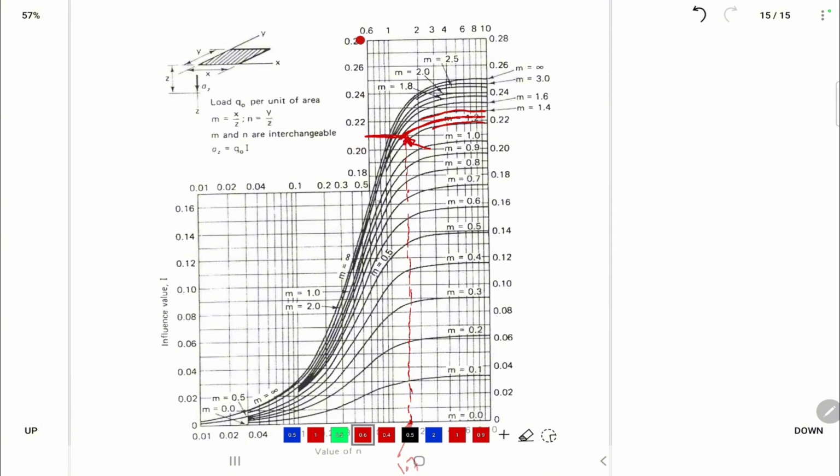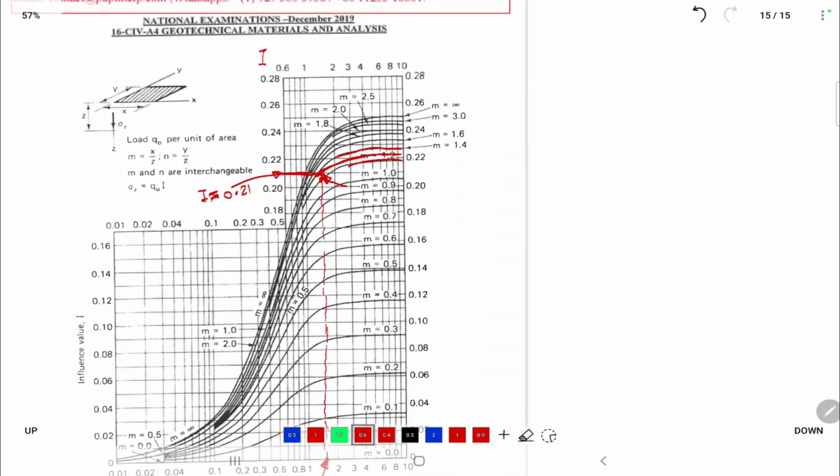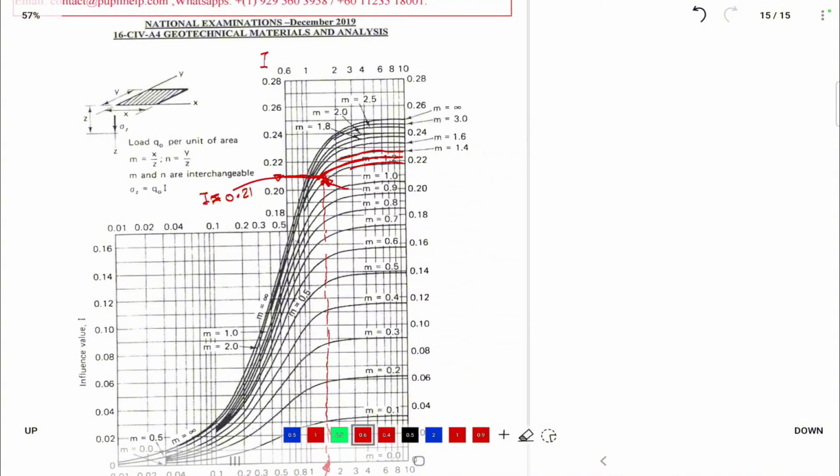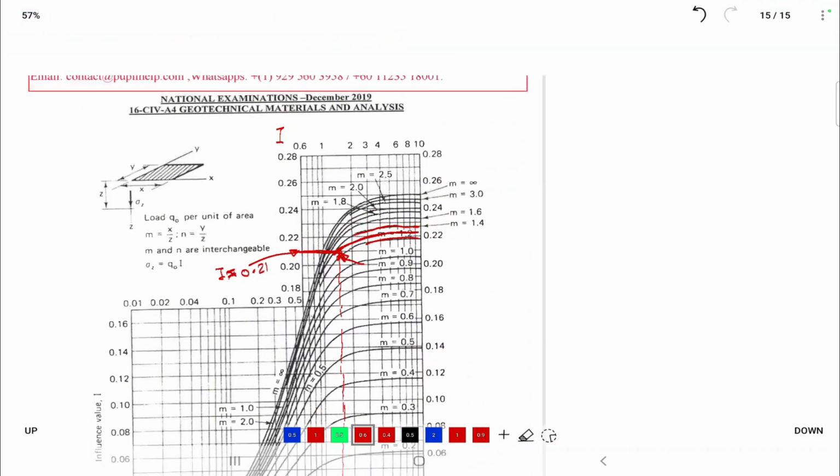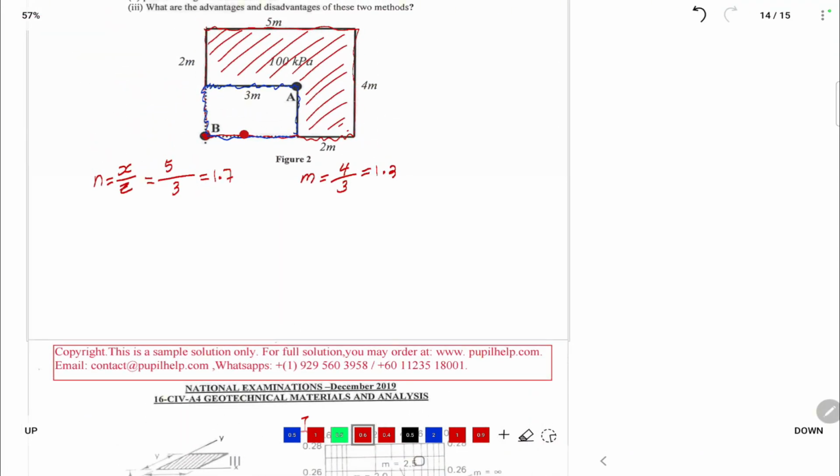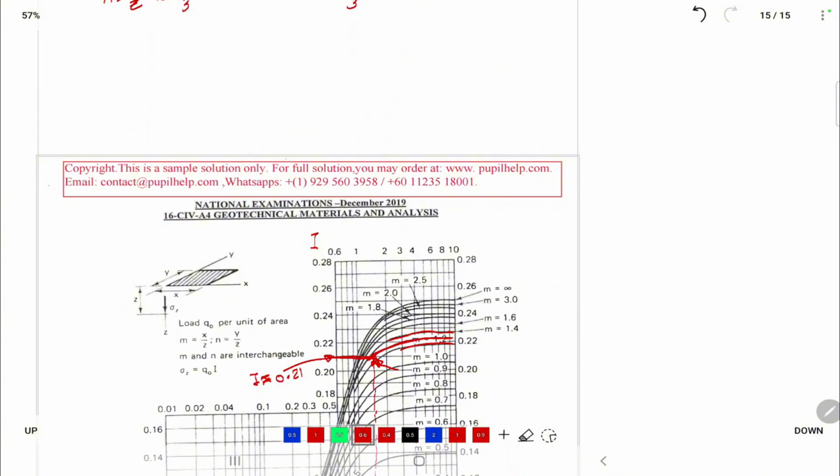The values here are the values of I, the influence factor. Here I is around 0.21.